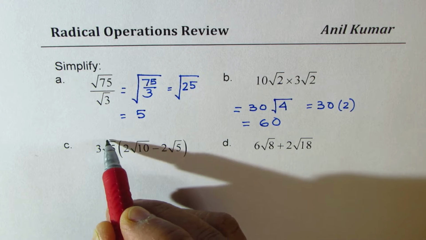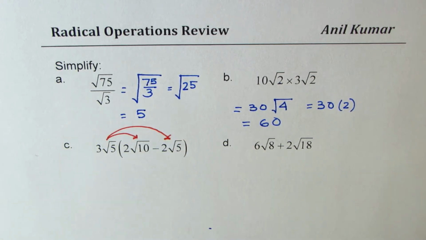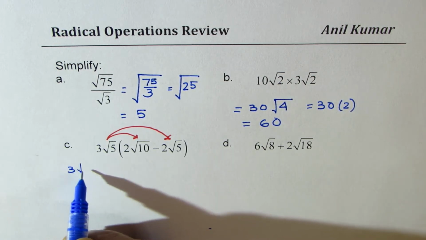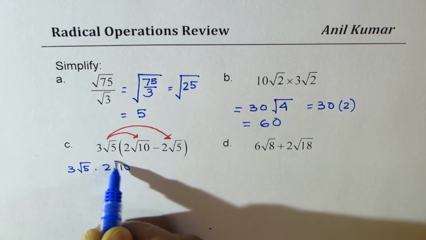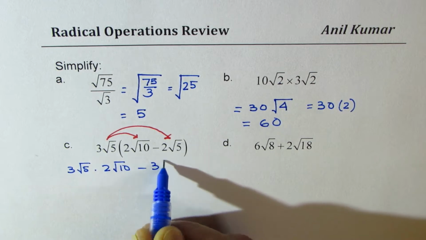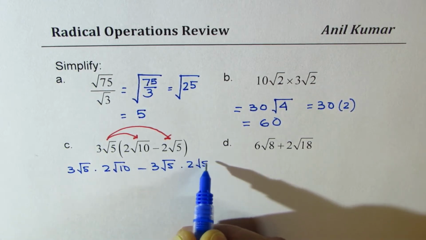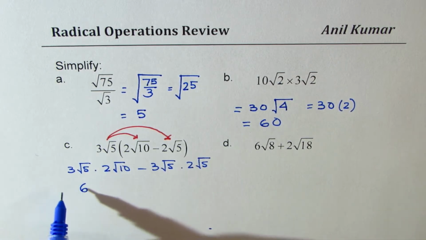You need to multiply 3 square root 5 with each term inside the bracket. So you get 3 times 3 square root 5 times 2 square root 10. Take away 3 square root 5 times 2 square root 5. 3 times 2 is 6, right?